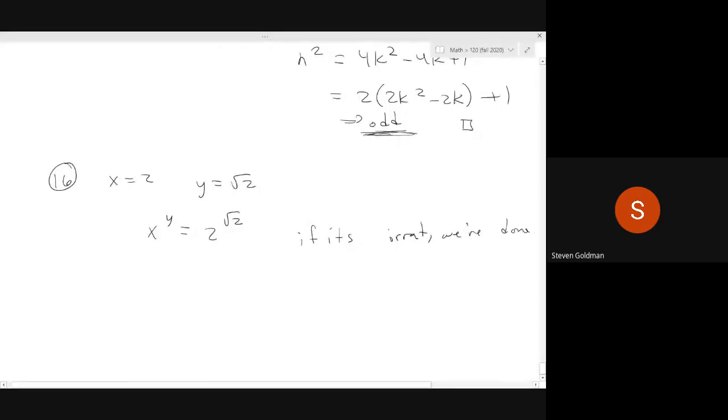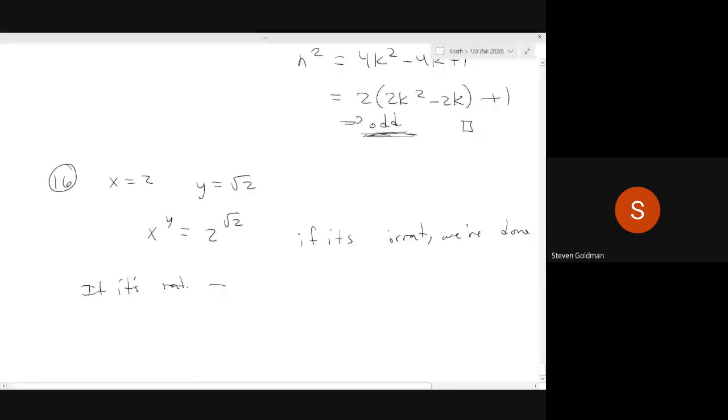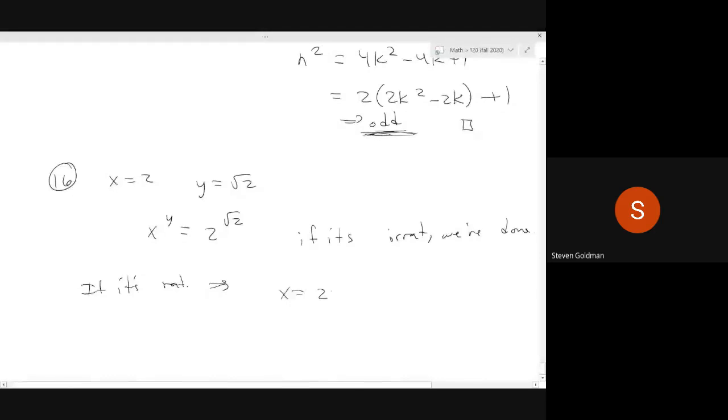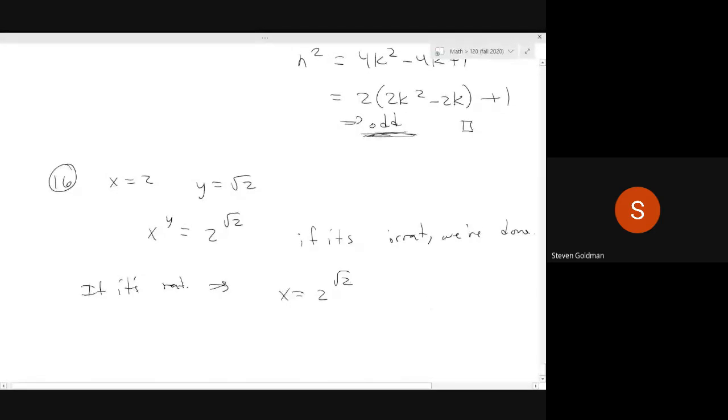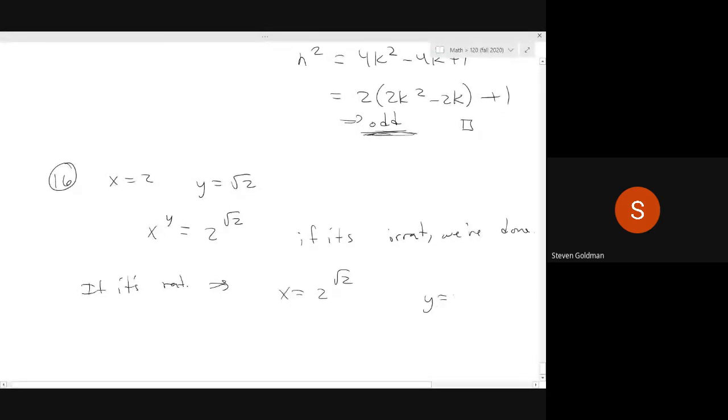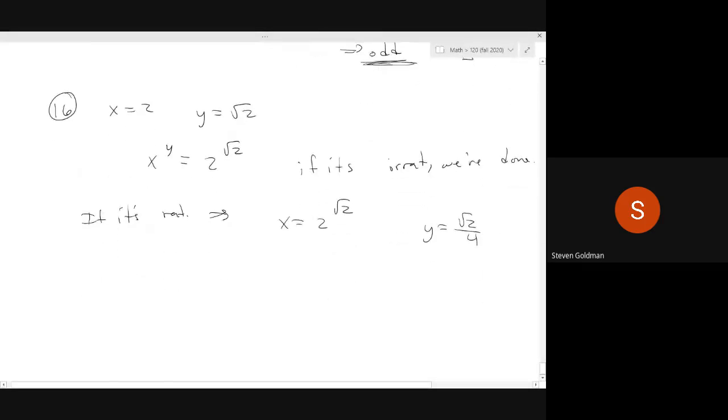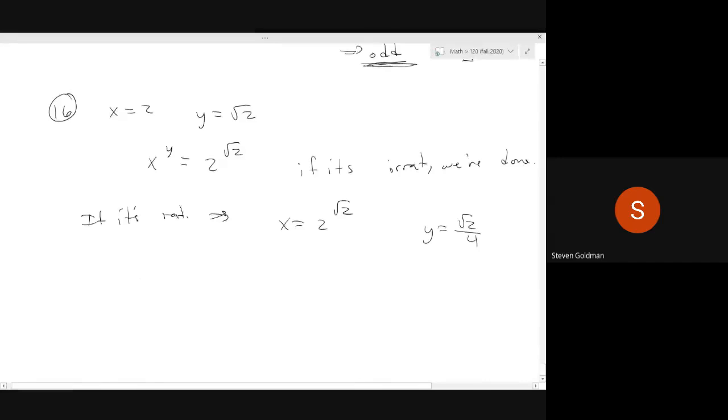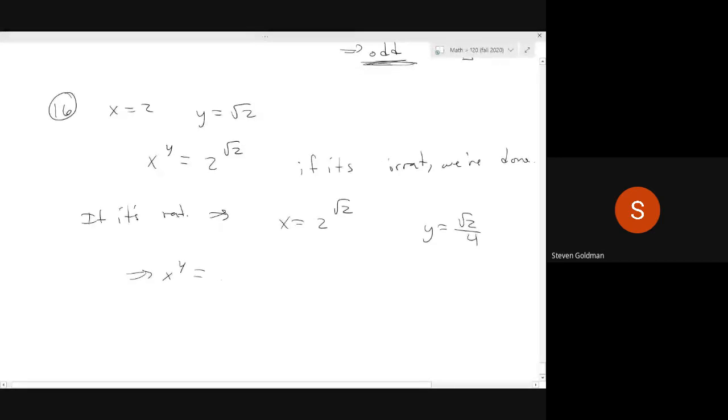Okay. If it's rational, then do the following. Let x equal 2 to the square root of 2. That's rational. Let y equal the square root of 2 over 4, which would be irrational, because the square root of 2 is irrational. Then x to the y would be (2 to the square root of 2) to the (square root of 2 over 4).